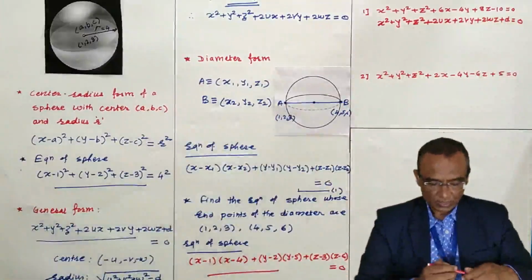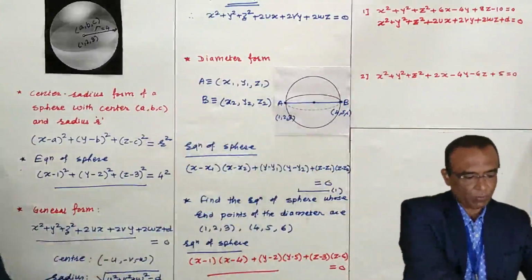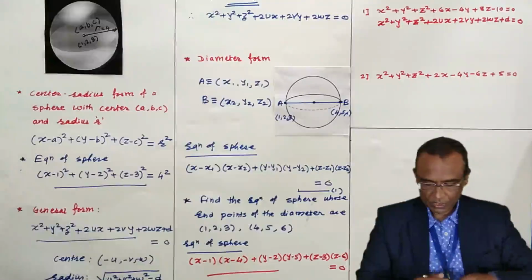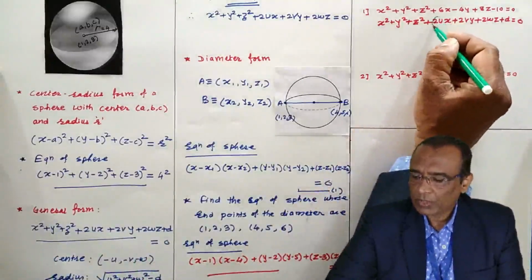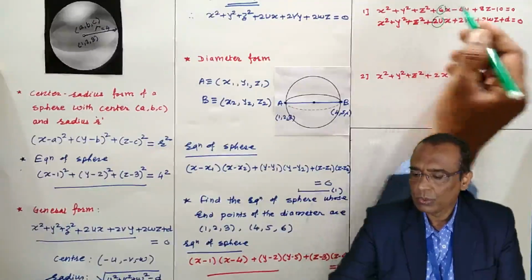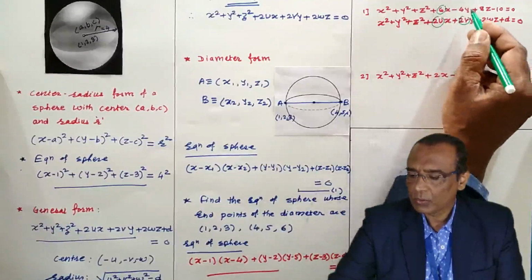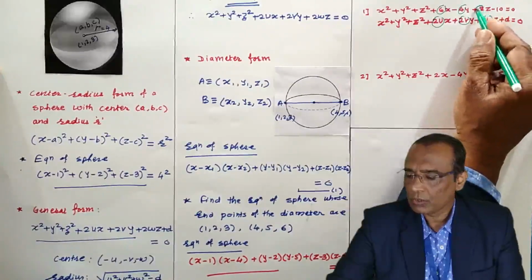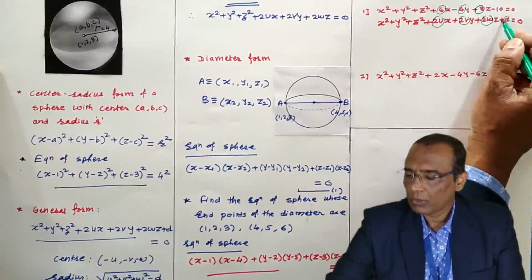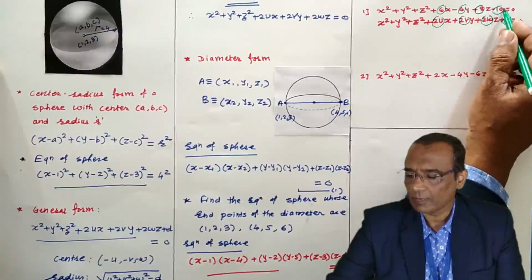This is the general equation of the sphere in standard form. Here the coefficient of x is 2u, the coefficient of y is 2v, the coefficient of z is 2w, and the constant is d.